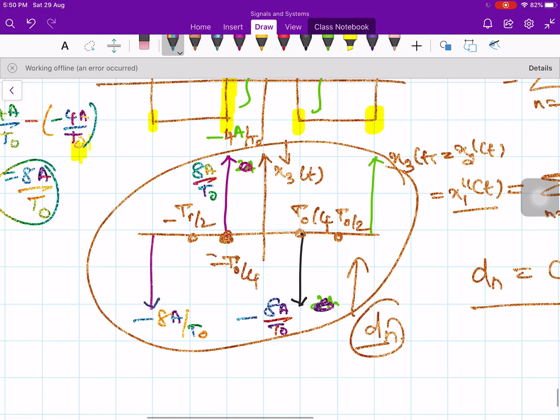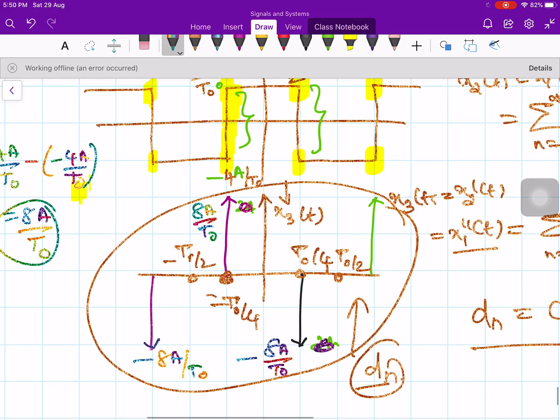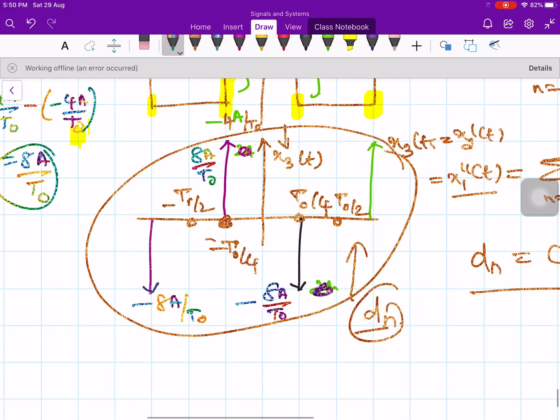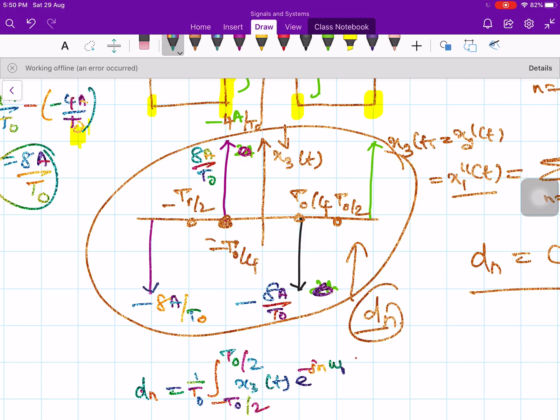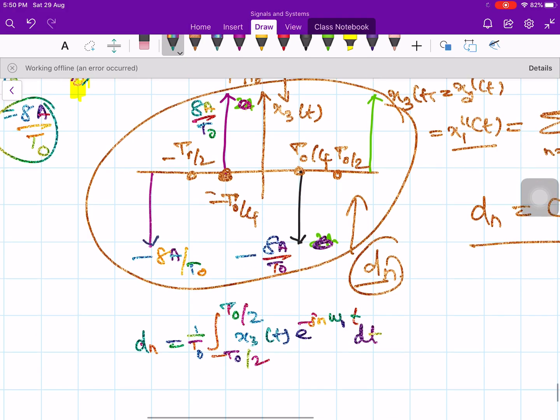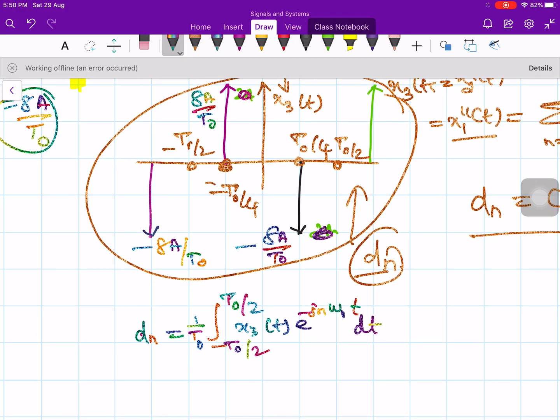Therefore in this interval we know the formula to calculate Dn. Dn is equal to 1 over t naught, integral from minus t naught by 2 to plus t naught by 2 of x3 of t times e to the minus jn omega naught t dt. Now you take this interval, minus t naught by 2 to plus t naught by 2.